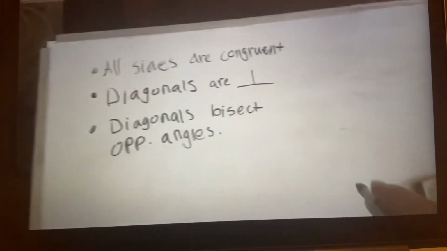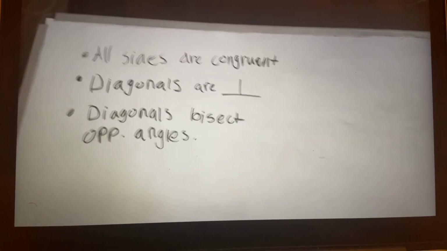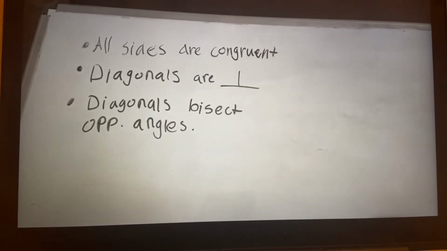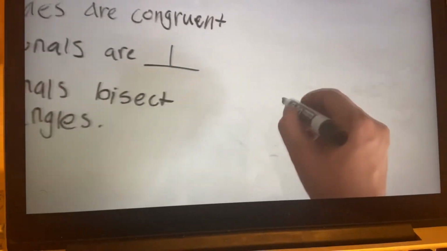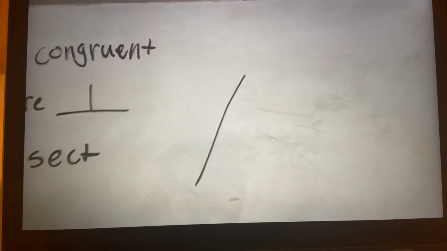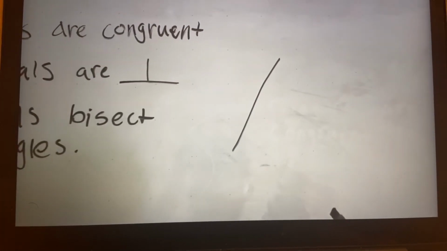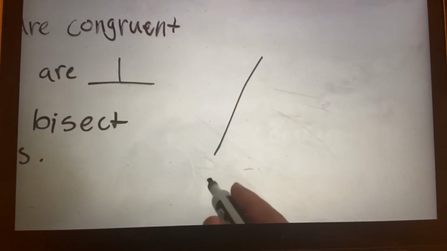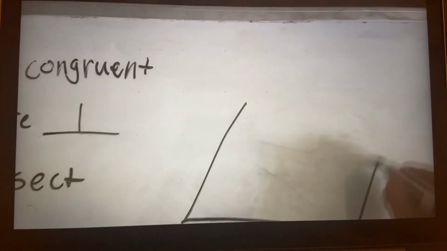And these characteristics describe one shape. Who wants to take a gander at what that shape is? If so, I'll draw it out. In a traditional classroom, I would have a student volunteer to draw it out. Since I'm the only one here, I'm going to be drawing it out myself.